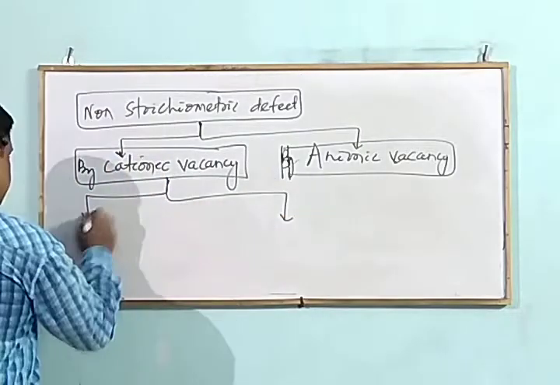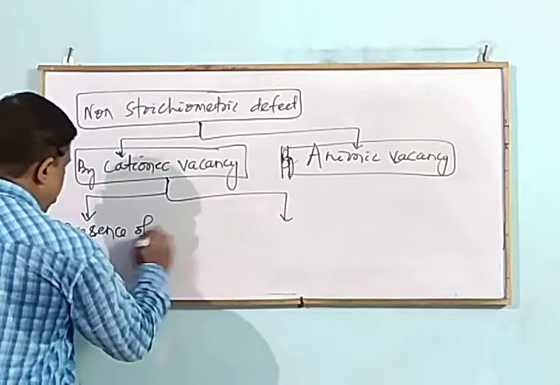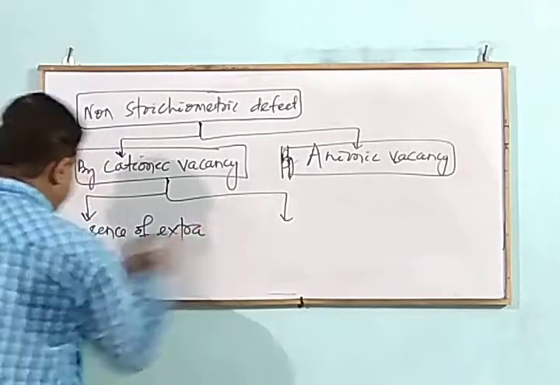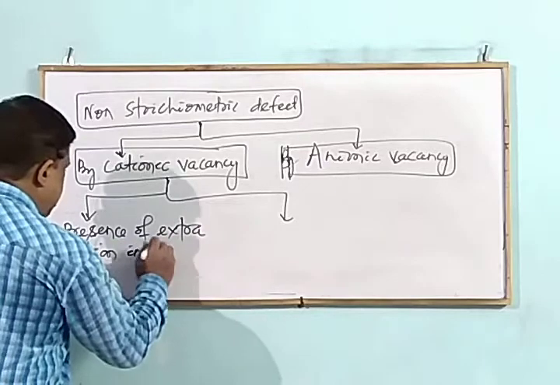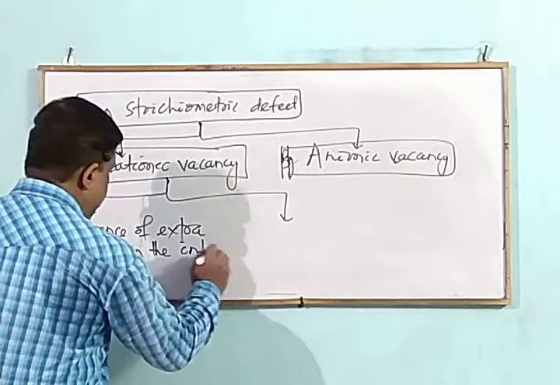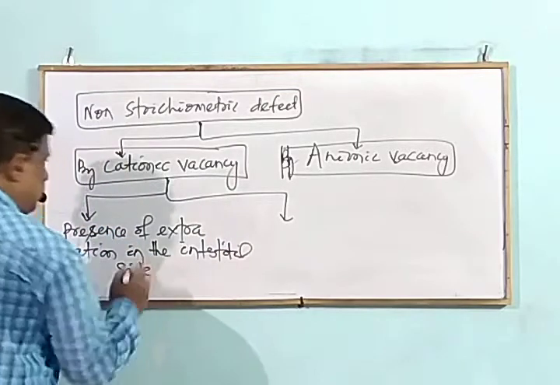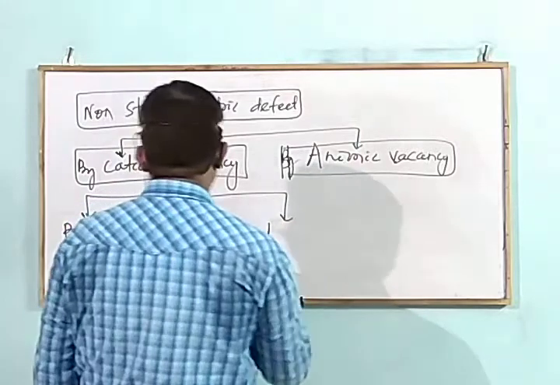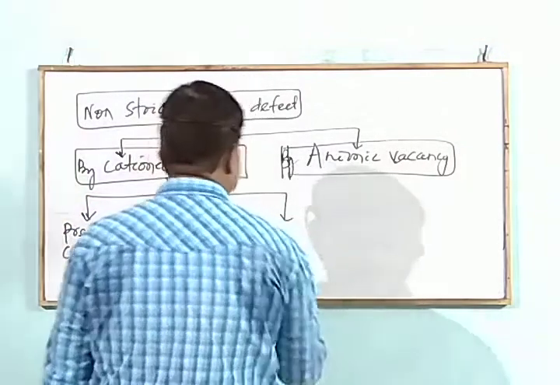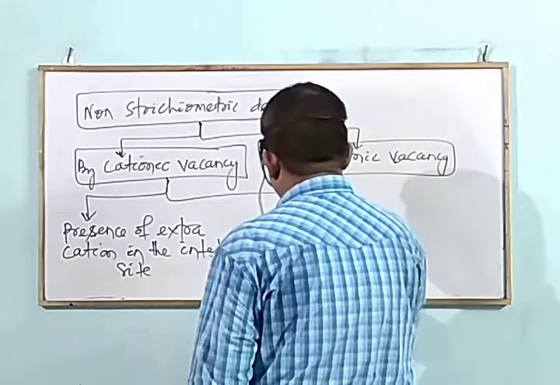That is due to the presence of extra cation in the interstitial site, and another one is anionic vacancy.